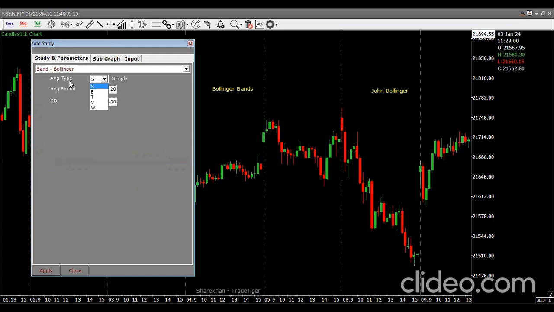We can select it as simple or exponential, or whichever moving average line we want, it is up to us. Whichever we select, it is going to implement. Okay, now let us select exponential, because in the previous video we covered the basic idea of a simple moving average. So here I am going to select exponential moving average. Okay, so let us apply this in our chart.